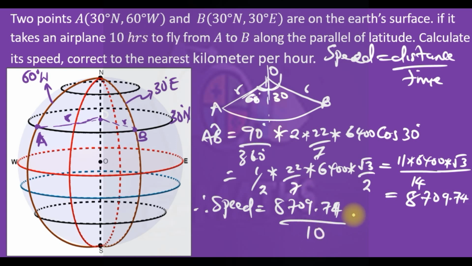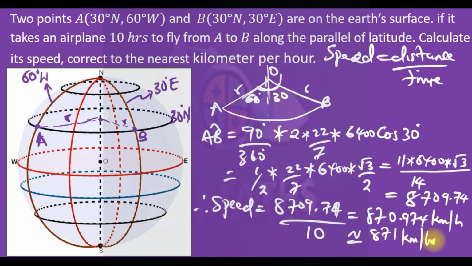Dividing by 10, this is now 870.974 kilometers per hour. But they say to the nearest kilometer per hour, so which is approximately 871 kilometers per hour, to the nearest kilometer. So that's the answer.